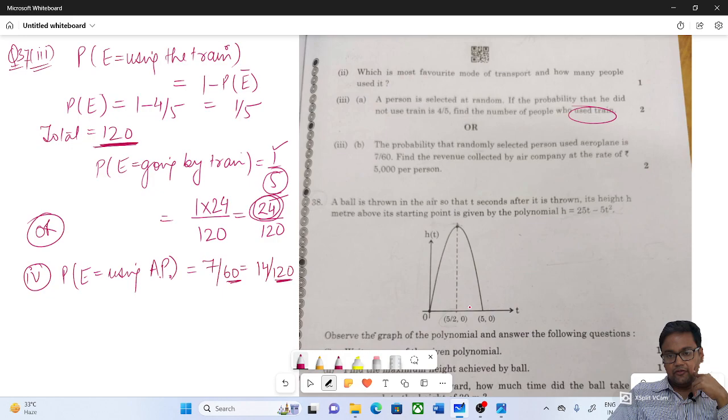Find the revenue collected by the air company at the rate of 5,000 per person. So the revenue collected by the air company, the airways, is 5,000 from one person, and there are 14 people who like to go by aeroplane.